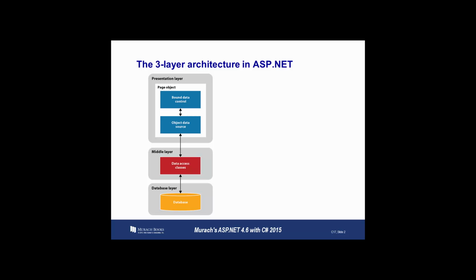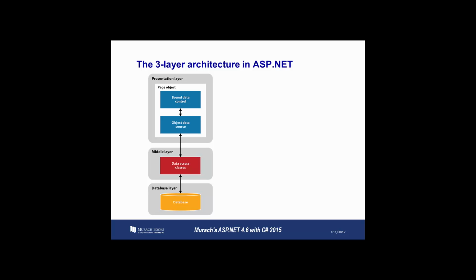Okay? So I want you to think of the 3 layers as in the presentation layer, that's your web server. That's going to host the website files, the ASPX, the images, including the code behind for the ASPX. The middle layer then becomes your application server. The application server holds your business classes.